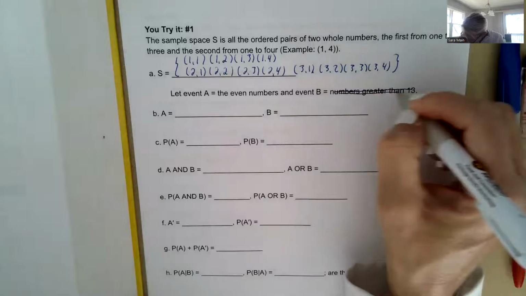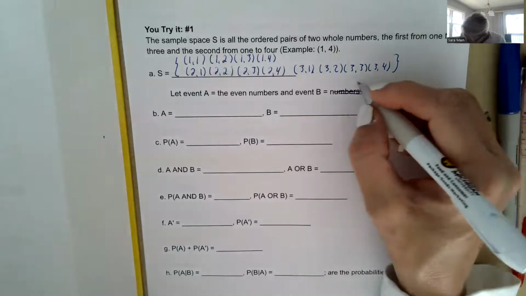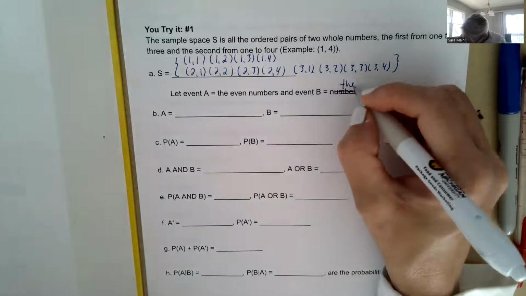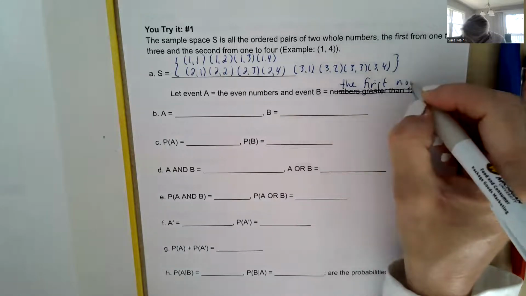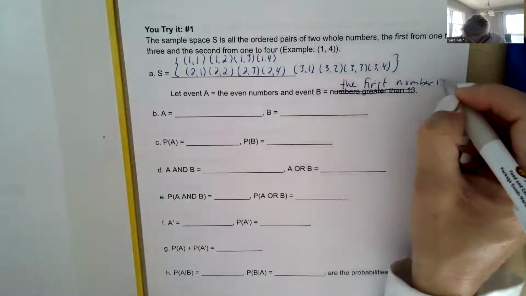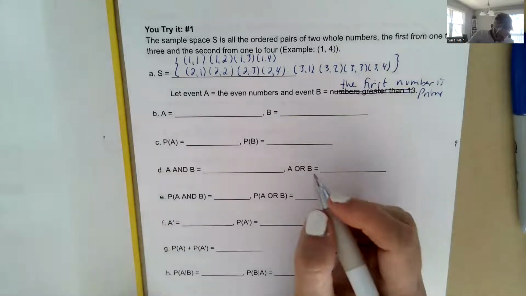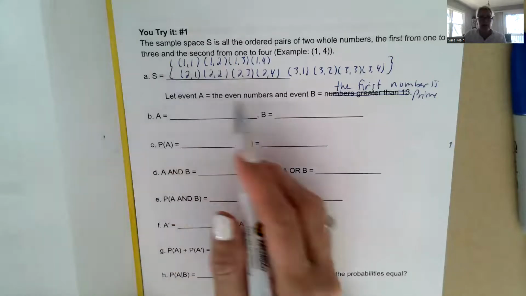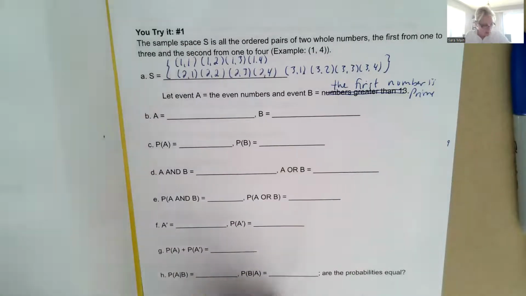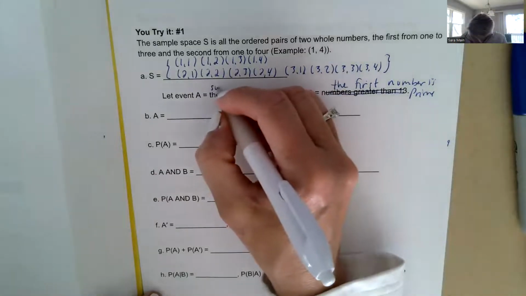That is a typo. It'll be corrected on yours. The first number is prime. It should be this. Okay, so what is A? The even numbers. I'm sorry, the sum is even. This should be: the sum is even.